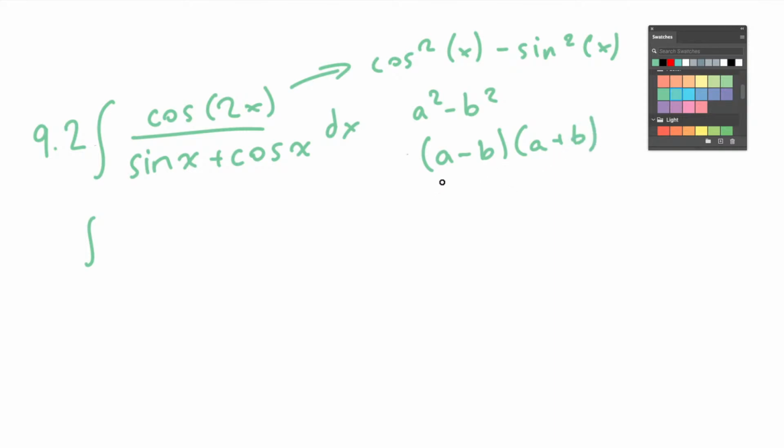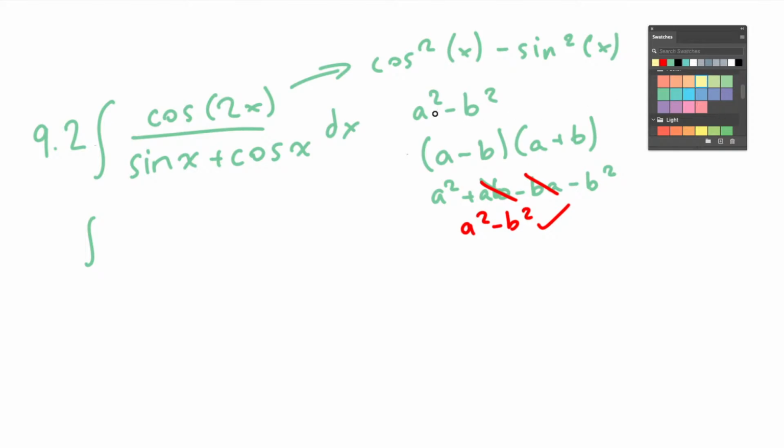Right? Because then that becomes a squared plus ab minus ba minus b squared. These cancel out, and you get a squared minus b squared.